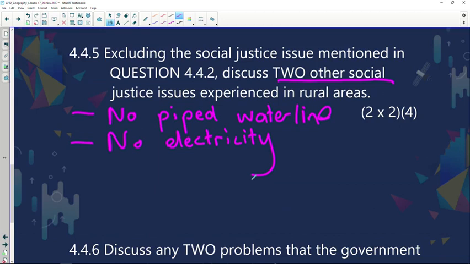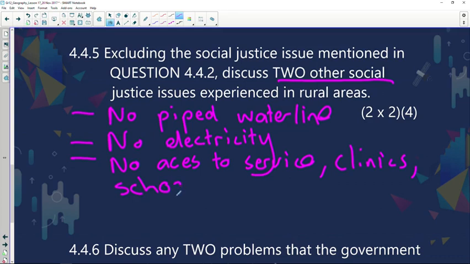Okay, that's two other social issues, but there's quite a few more. There's no access to services such as clinics and schools and proper infrastructure.